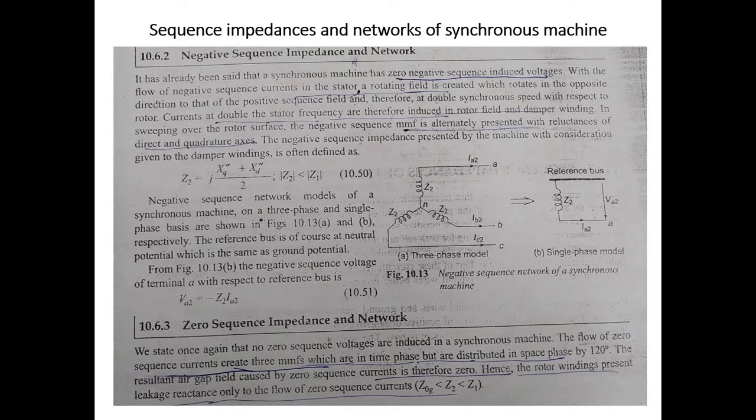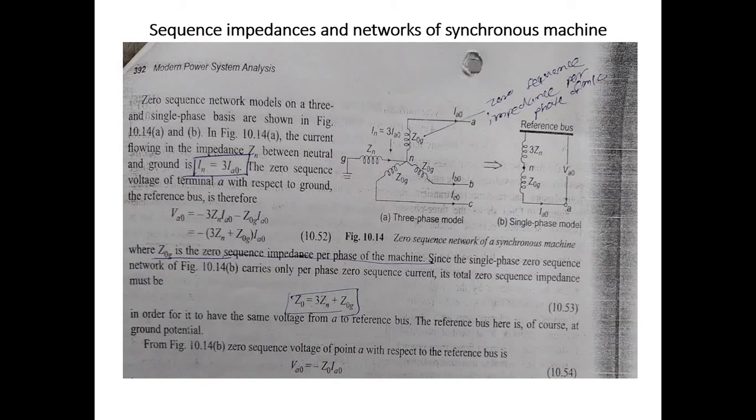Hence, the rotor winding presents leakage reactance only to the flow of zero sequence current. And if we compare the positive, negative and zero sequence components, zero sequence impedance always has a lower value than the negative sequence impedance, and negative sequence impedance has a lower value than the positive sequence impedance.